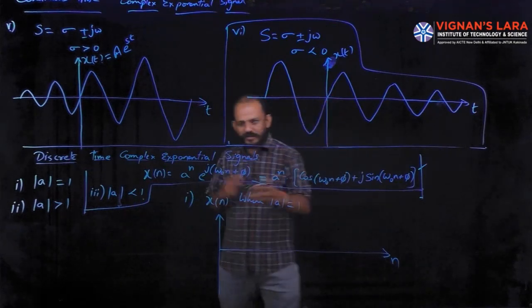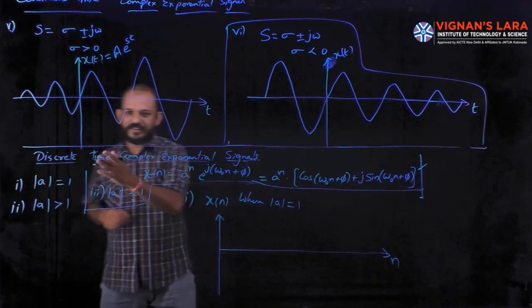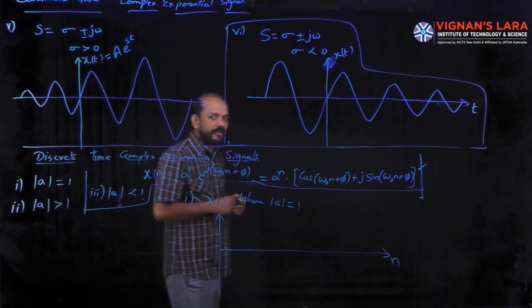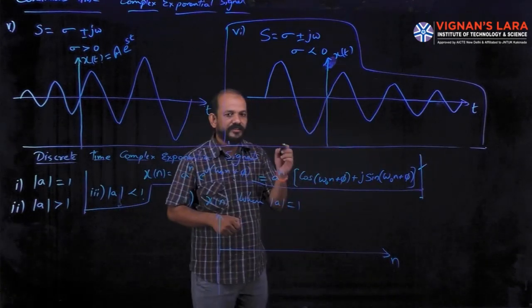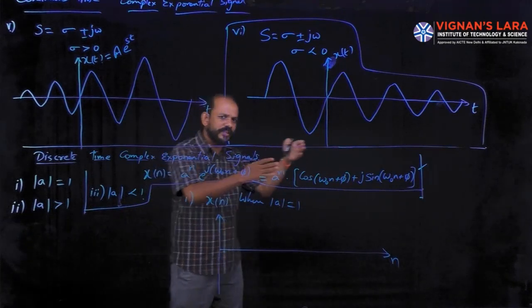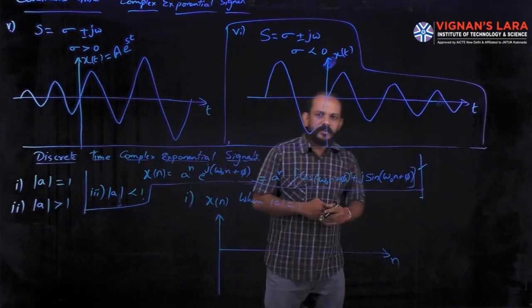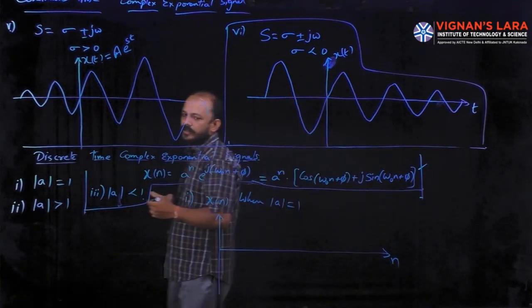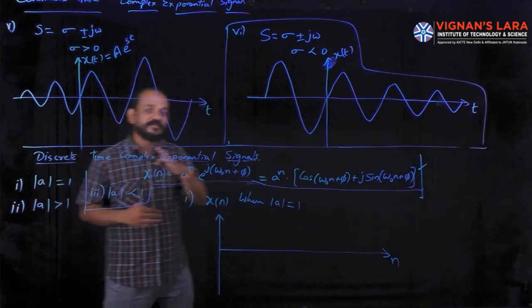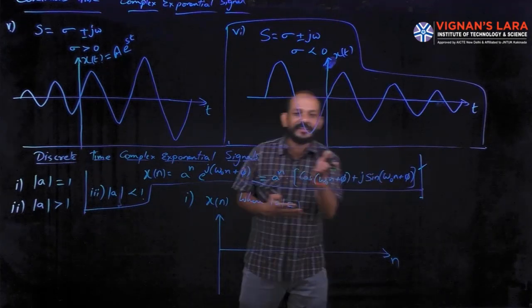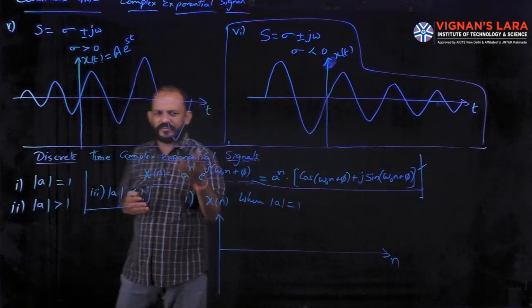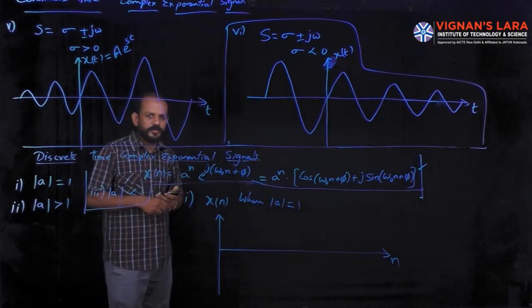In general, for discrete time signals, we call them sequences, discrete time sequences, because we take the value of n as 0, 1, 2, 3, 4 like that. So in most cases we call them discrete time sequences rather than signals. You can call it either signal or sequence, it is up to you.